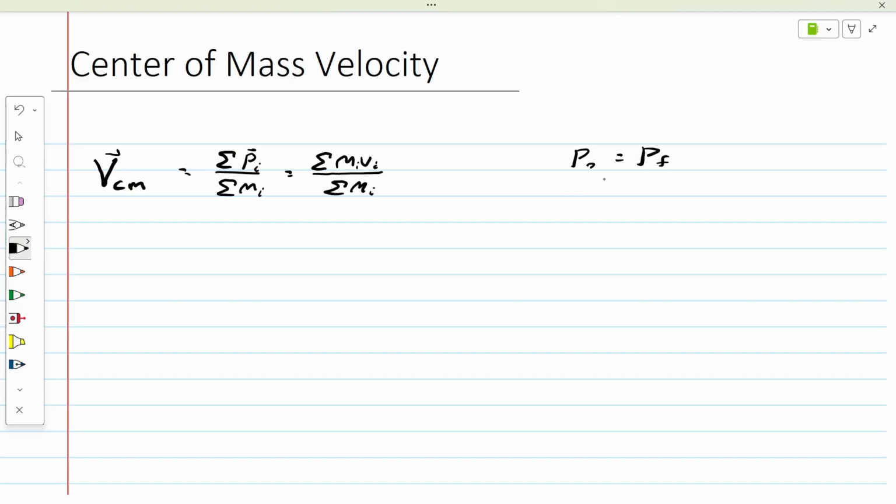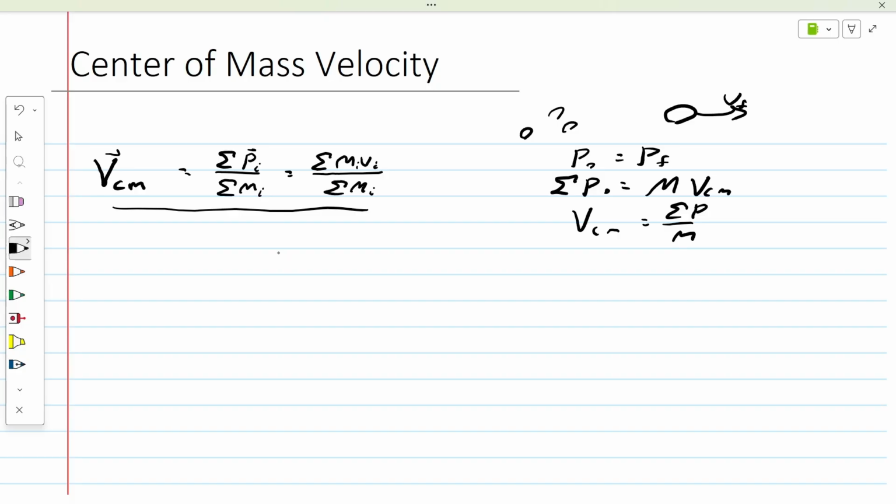If the P initial is the sum of the momentums initially, and the final is, let's say we have multiple pieces and they come to one blob moving as a v final, now we have the total mass times the v center of mass because it's just one velocity, and we can divide by this m, and we get the sum of the momentums over the mass. And so when momentum is conserved, so is the velocity of the center of mass.